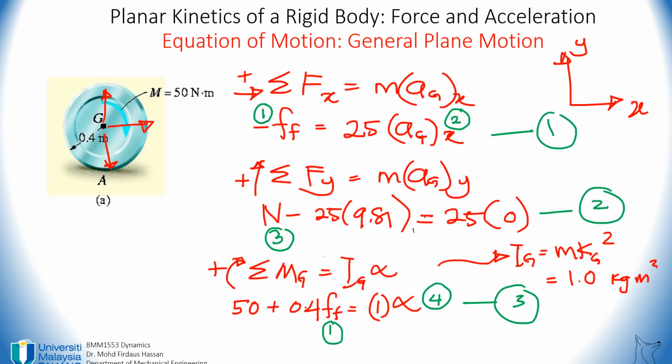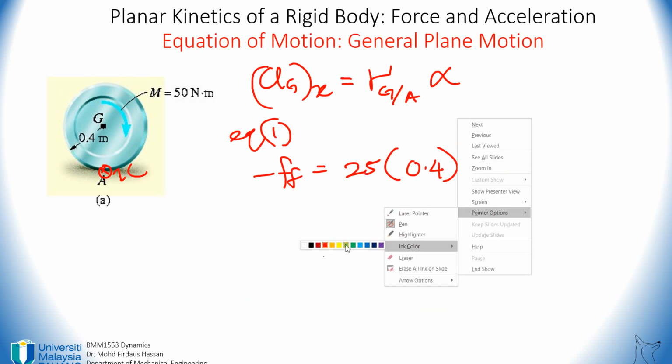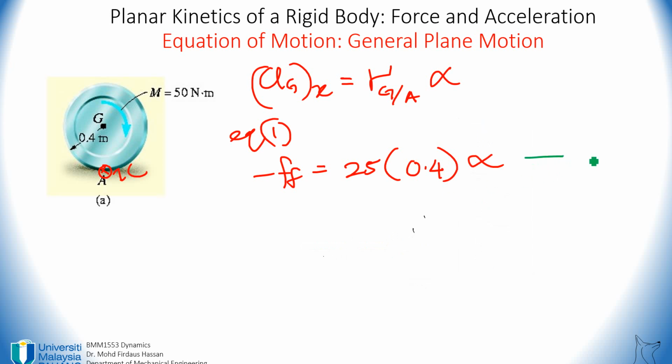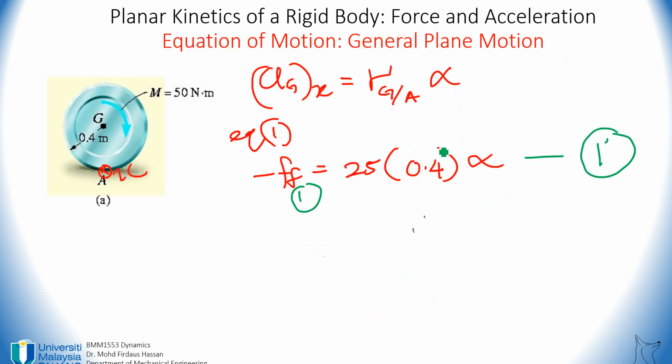You replace aG x by rG times alpha. I put it as equation 1 prime. The unknown number 2, aG x, is reduced to r alpha, so alpha here is unknown number 4. So you only have what?